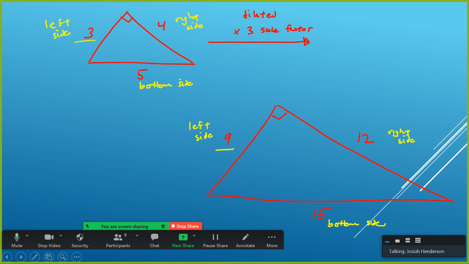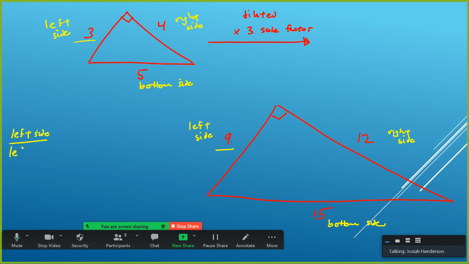So we can set up an equality of proportions whenever we have these similar triangles or dilated triangles. And we can use this proportion to help solve for unknowns. And we'll do a problem like that in just a second. How we're going to set them up is along these lines. So you can say left side over left side.